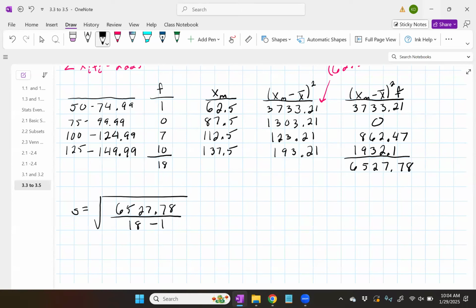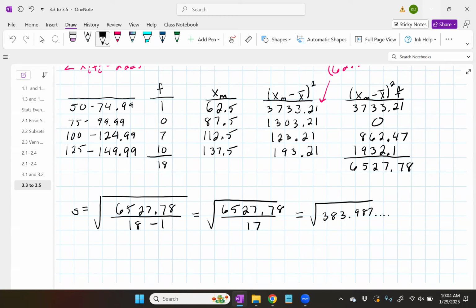Once we're here, it's not so bad. 6527.78 over 17 is 383.987.